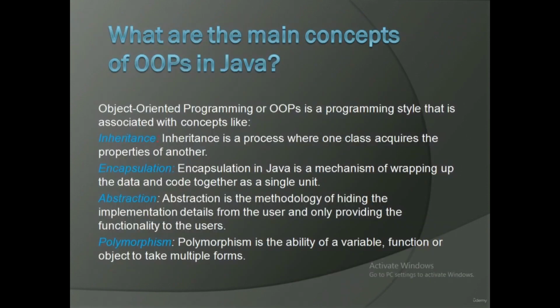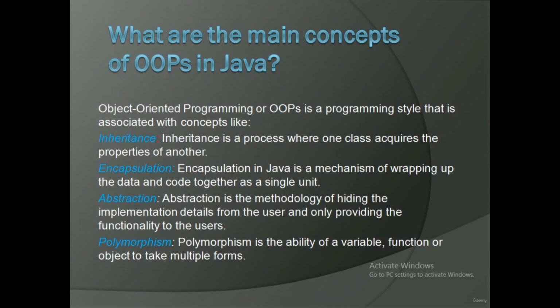What are the main concepts of OOPS in Java? Object-oriented programming, or OOPS, is a programming style that is associated with concepts like inheritance, encapsulation, abstraction, and polymorphism. Let's see one by one. Inheritance is a process where one class acquires the properties of another.